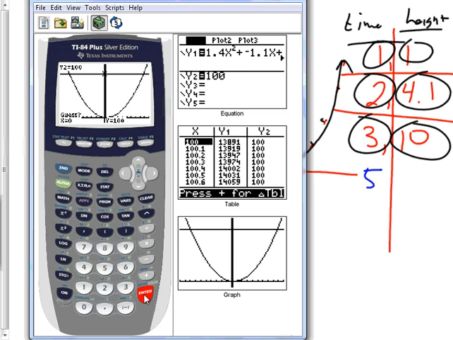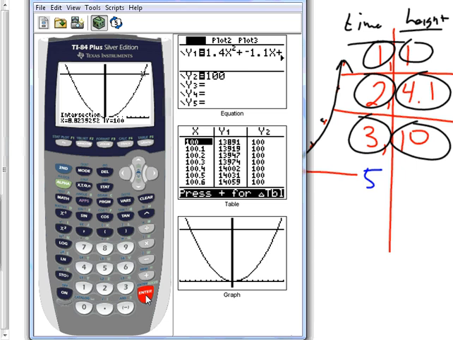As long as you've only graphed two things, enter is fine. And then I'm going to go to the right. I got to do the guess thing because otherwise it'll give me the other intersection point I don't want. And I hit enter. And it tells me that it is 8.82 on the X, when the Y is 100. So that means after 8.82 milliseconds, my jet was at 100 feet.